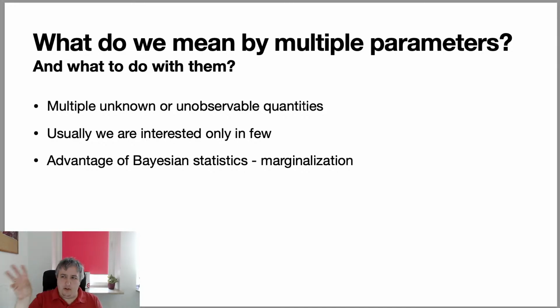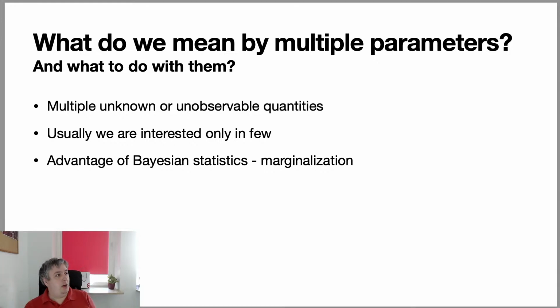so let's return to the scope of what we are talking about. The main issue in having multiple parameters, when we are interested only in a few of them, is that we can marginalize them. So we can focus only on parameters of interest, like for example, the mean of the distribution, or standard deviations, or variation, or whatever else that we want.